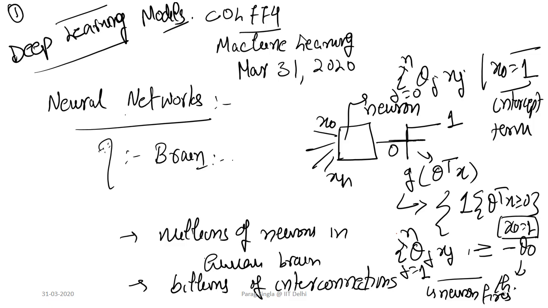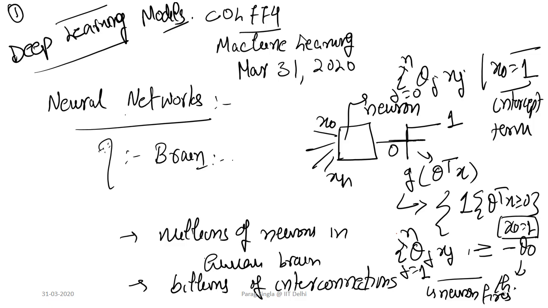the simplest model of the brain is that of a neuron, which is the basic unit of computation, which takes a bunch of inputs, x0 to xn, and then this neuron fires or does not fire. If the sum of its inputs is more than a threshold, then it fires and outputs 1, otherwise 0.